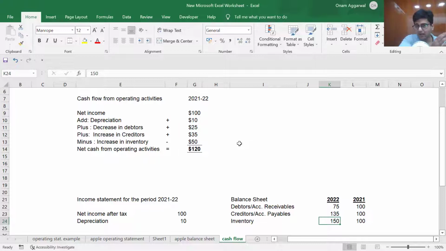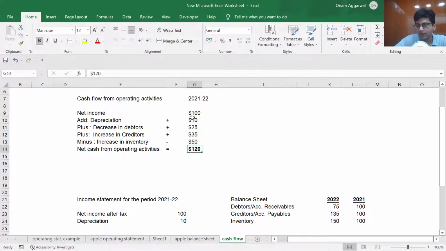My business has basically put extra cash into inventories. So this resulted in a cash outflow for your inventory. That is why this increase in inventory has a minus figure, that is minus $50. So when you make a combined total of all these plus and minus figures, you get net cash from operating activities of $120.